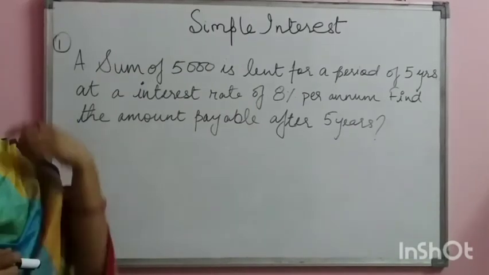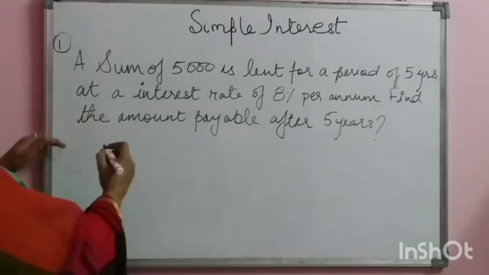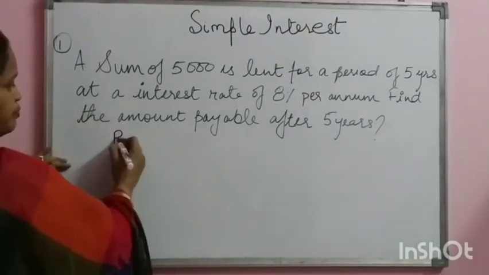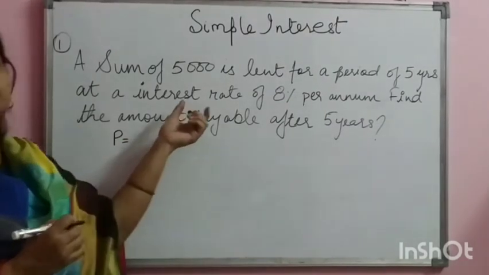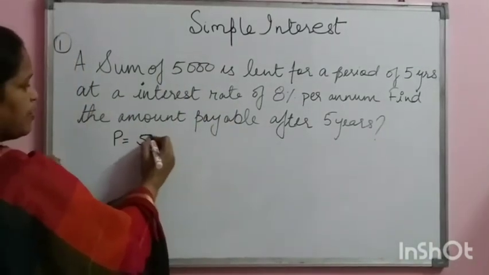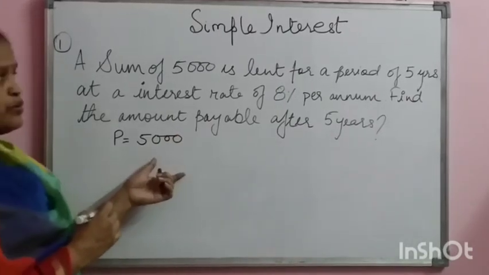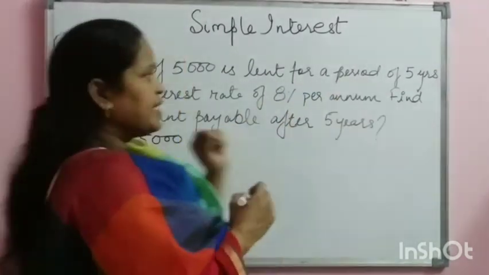हम अपने पहले वीडियो में सब चीजें डिस्कस कर चुके हैं. Sum क्या है? वो है P. P is the sum that is lent. So the sum is rupees 5,000. Principal amount is rupees 5,000. Period क्या है? 5 years.